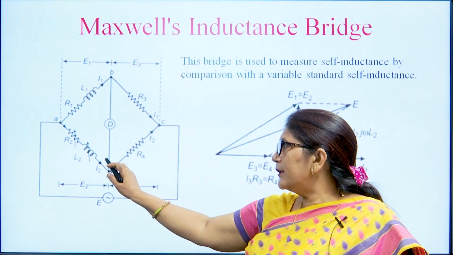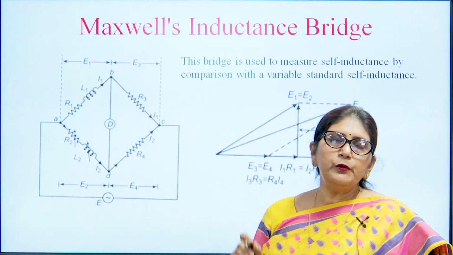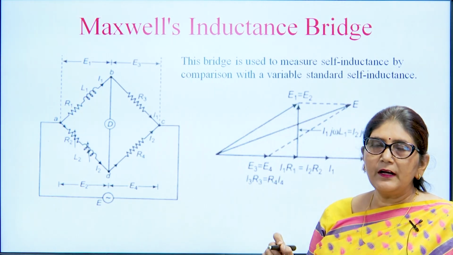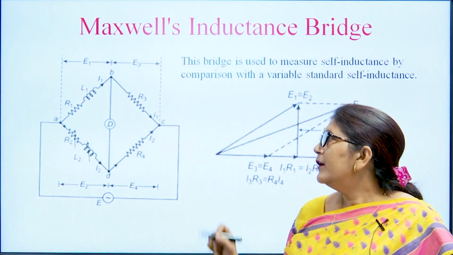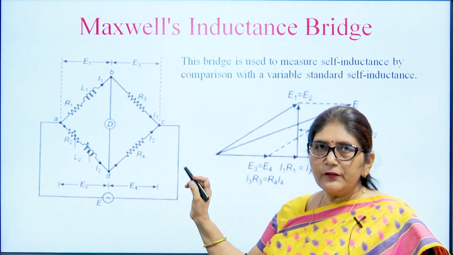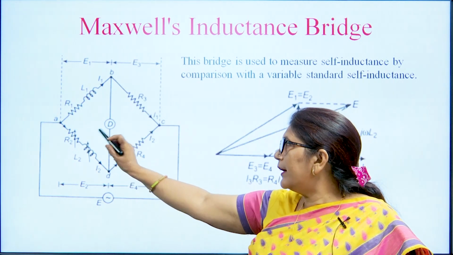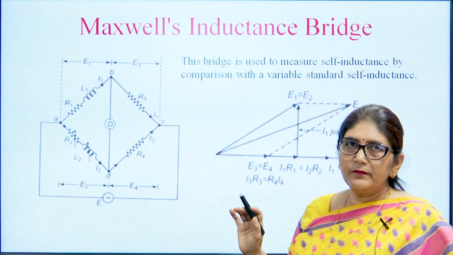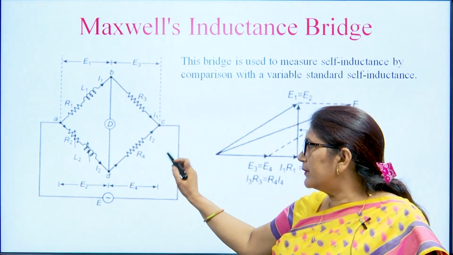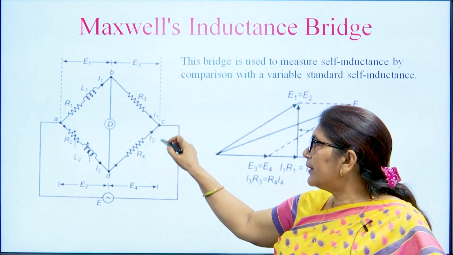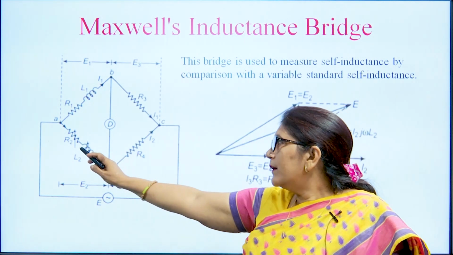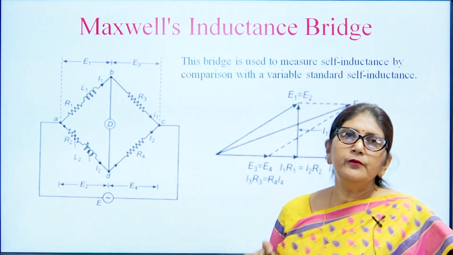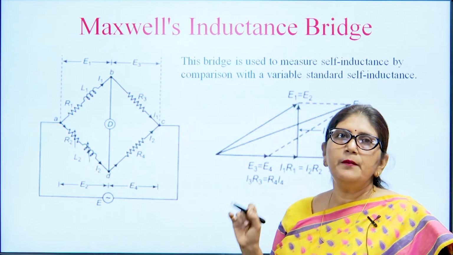In this bridge we are using L2 and R2, and both inductance and resistance are variable in nature. To balance the bridge we have to vary L2 and R2 while keeping R3 and R4 in the same condition. We are not varying R3 and R4, only R2 and L2, to get the bridge in the balance condition.